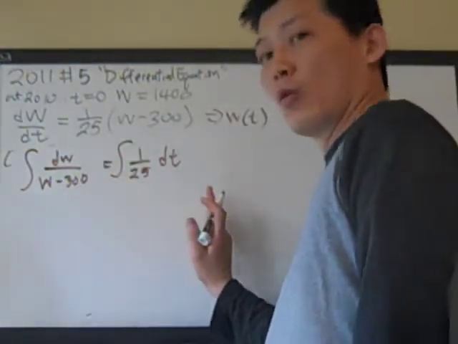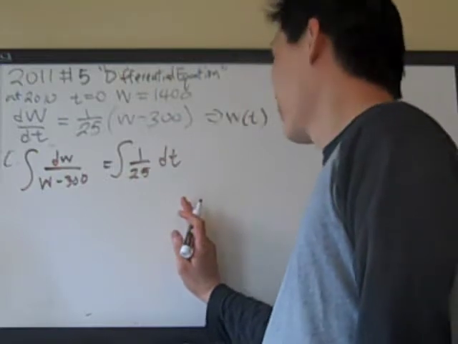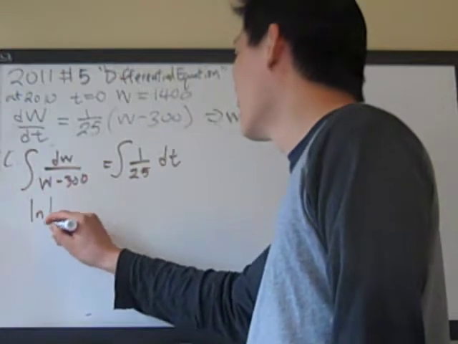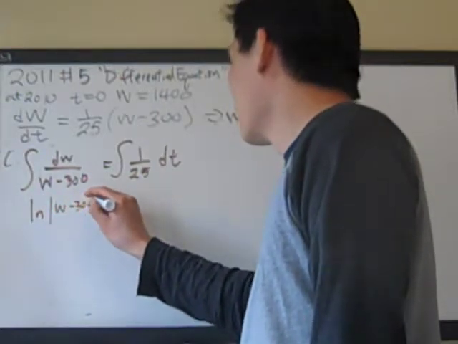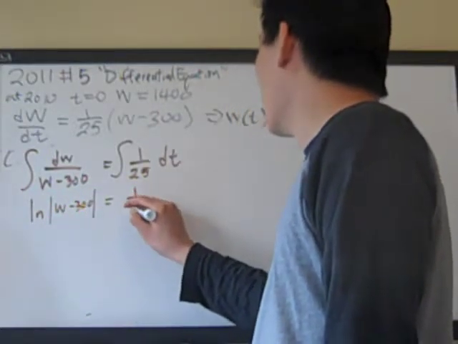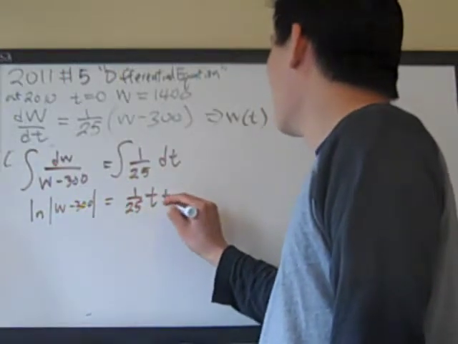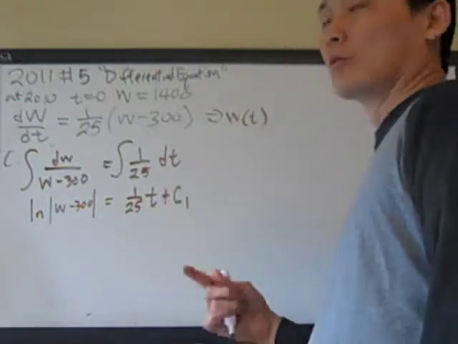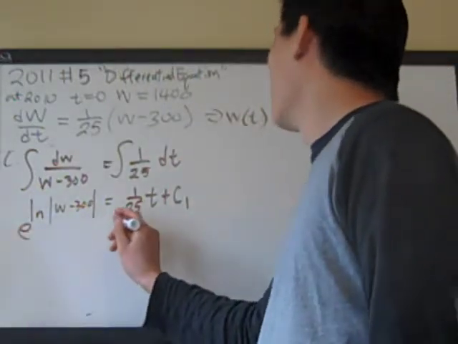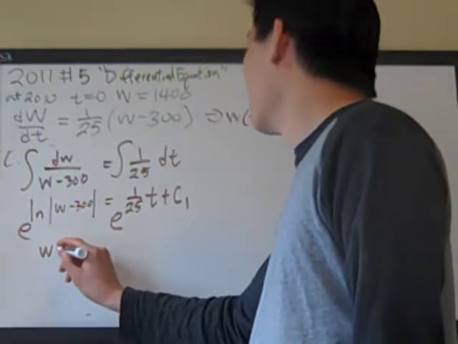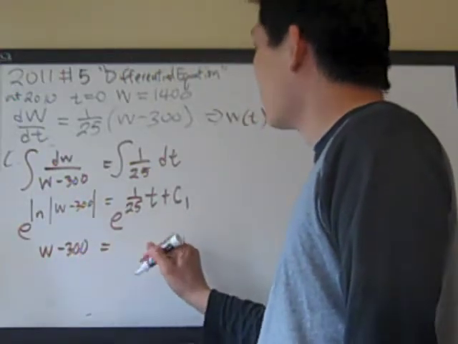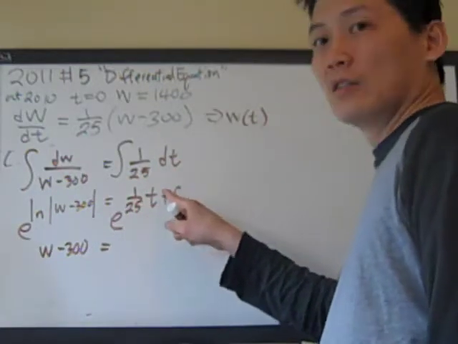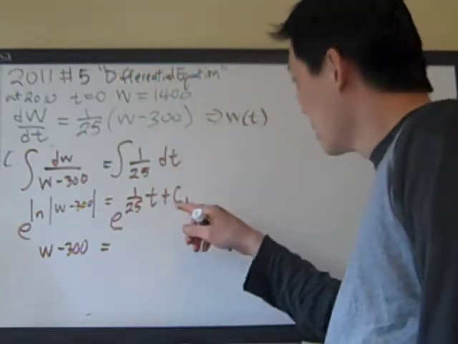We've done this so many times in our course that we know this is ln|w minus 300| equals (1/25)t plus c1. I call it c1 because another c is going to come up. Then we exponentiate both sides, and we end up with w minus 300 equal to e^(t/25) times e^(c1).